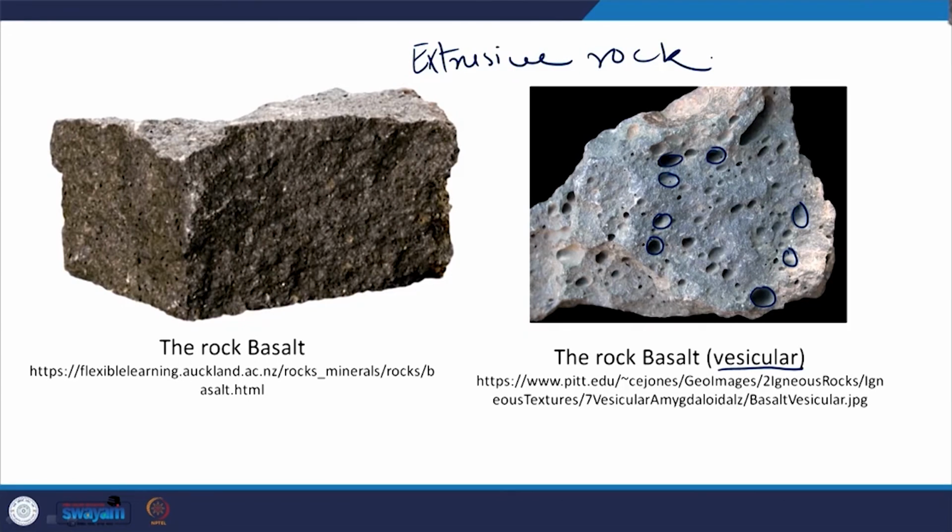It is the most widespread of all igneous rocks and comprises more than 90% of all volcanic rocks. Because of its relatively low silica content, basalt lava has a comparatively low viscosity and forms thin flows that can travel long distances.